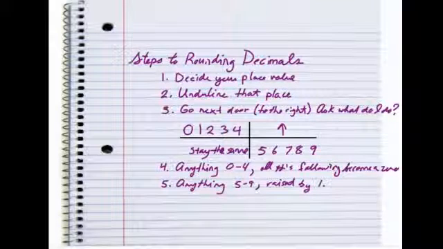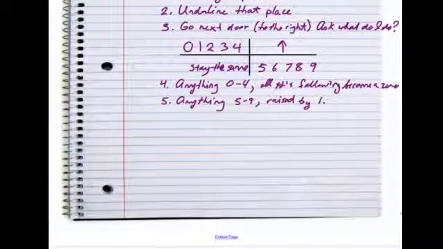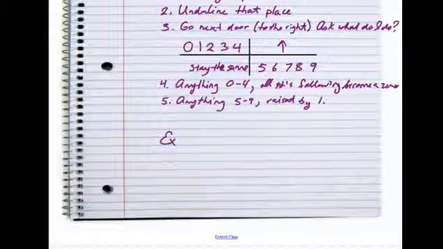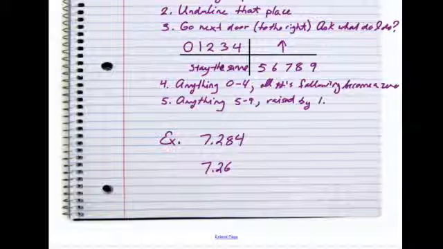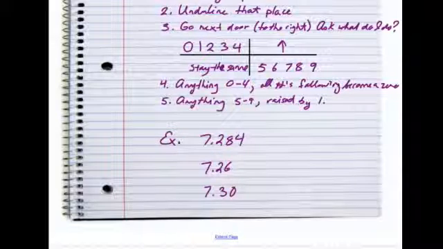Let's do some examples. Seven and 284 thousandths. 7 and 26 hundredths. 7 and 30 hundredths.